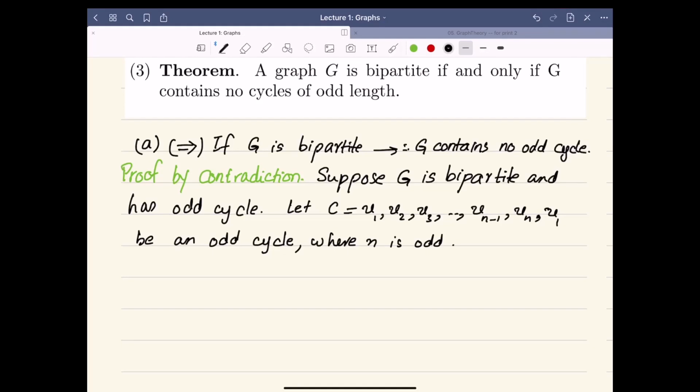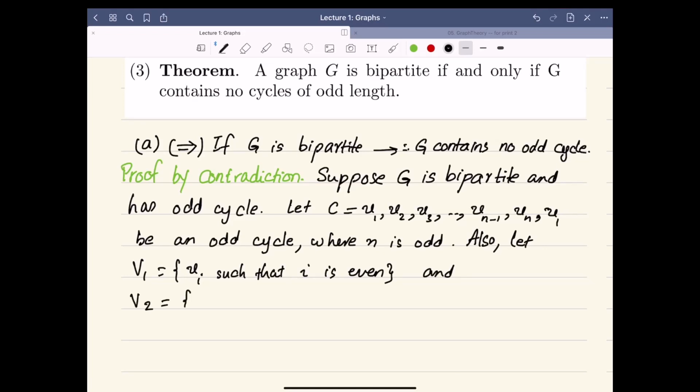Since G is bipartite, we expect that we have two partitions of the sets. So we will also say let V1, the first set, equal the vi such that i is even, and V2 equal the vi such that i is odd.